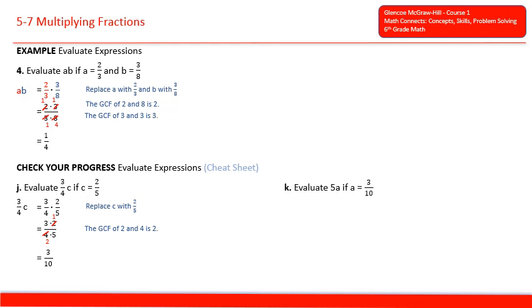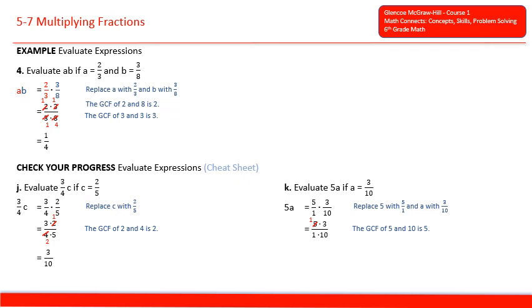Evaluate 5A if A equals 3/10. Remember that 5 is a coefficient of A, so it's 5 times A, or 5A. So we're going to plug in 3/10 for A. So we get 5 over 1, because we're going to convert the whole number 5 into an improper fraction. So we can multiply it times the fraction 3/10, which is A. And we can multiply 5 times 3 over 1 times 10.